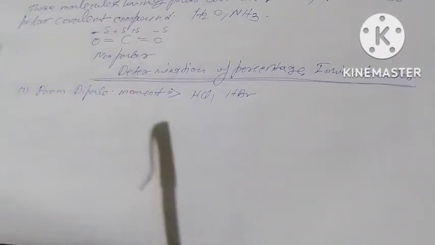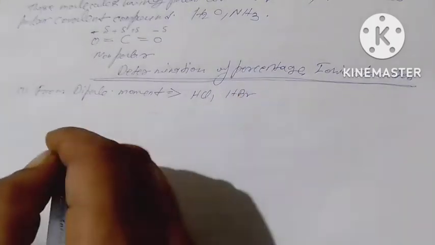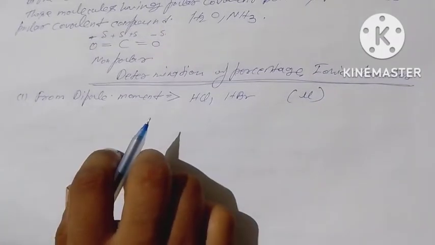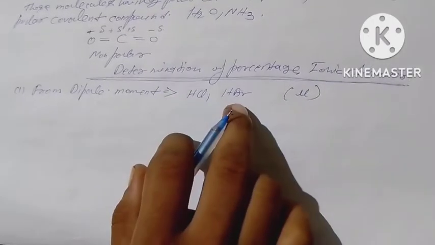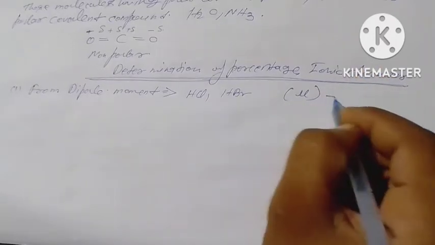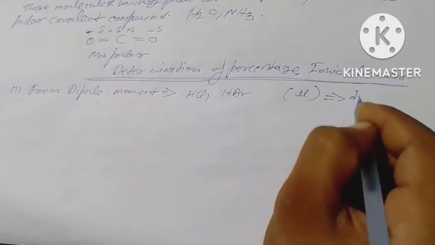The degree of polarity in a polar molecule is expressed in terms of dipole moment, and it is denoted by mu. Mu is dipole moment.